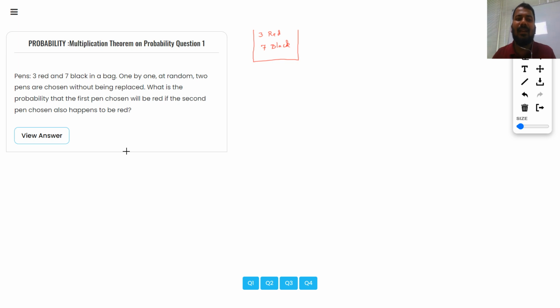Now what is it that they're asking about? One by one at random without being replaced. There is no replacement. What is the probability that the first pen chosen will be red? Now I'll take out first pen is red. So probability of first being red. So now first being red, we have got a total of 10 pens, out of which 3 are red. I can take it as 3 over 10.